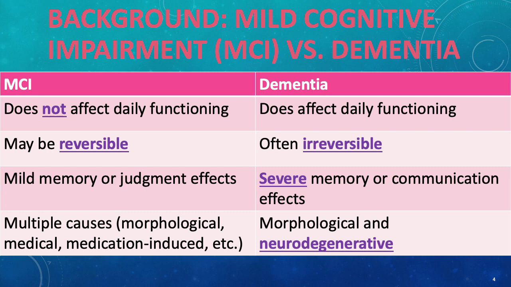And also I want you to focus on causes, and I've touched on this a little bit. Again, mild cognitive impairment may be something like a structural thing or a medical thing, maybe a medication can cause it. Sometimes even Alzheimer's patients can have mild cognitive impairment.